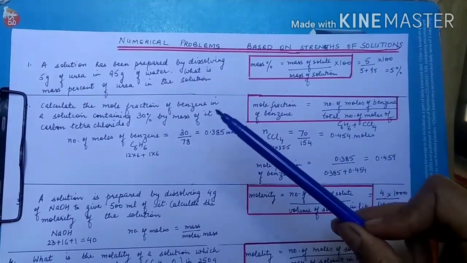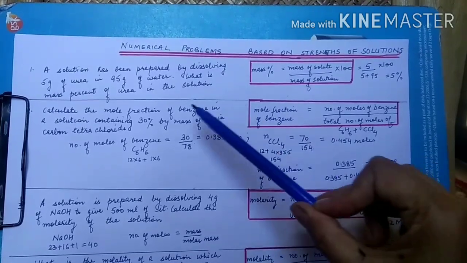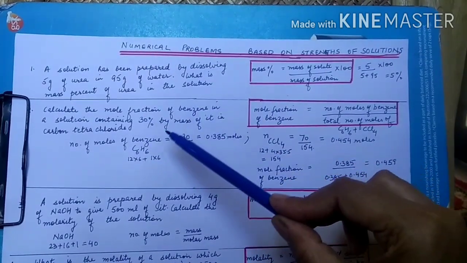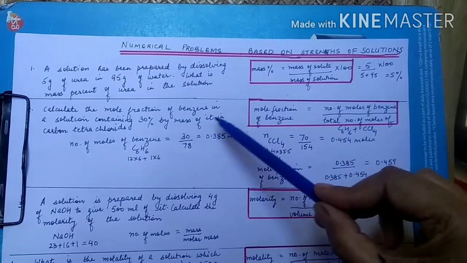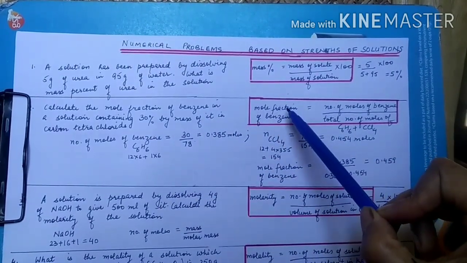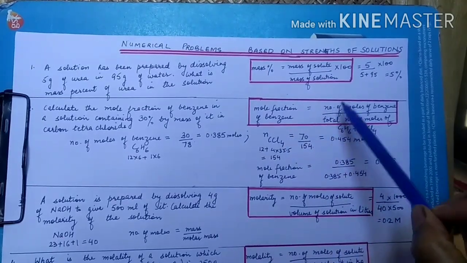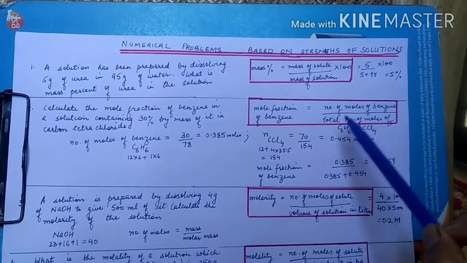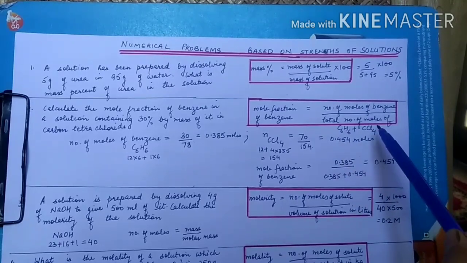Then the next numerical: calculate the mole fraction of benzene in a solution containing 30% by mass of it in carbon tetrachloride. You know that mole fraction is the ratio of the number of moles of the solute to the total number of moles of the solute and solvent.